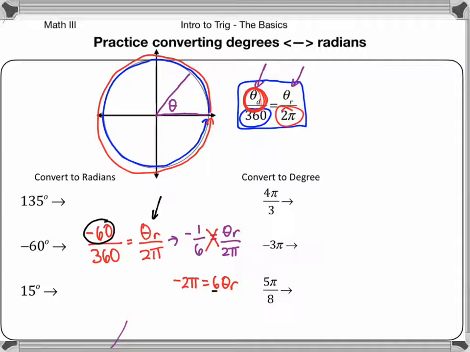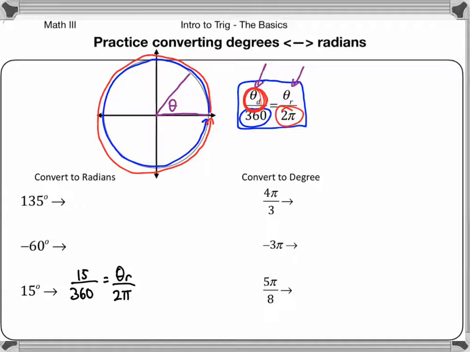I divide by 6 on each side. Those go out, and I get negative 2 over 6, which gives me negative 1 pi over 3 radians. And we don't need the negative 1 there. I just put that there to show the cancellation, so it's actually negative pi over 3 radians. So that's how you do that one.